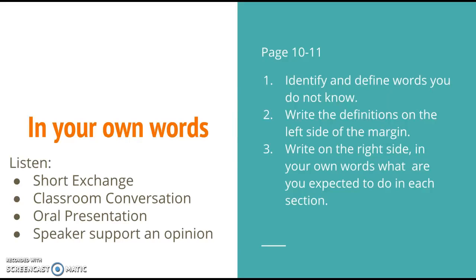For instance, task type, recording, like what are those words, right? So go ahead and circle all of the words you don't know, and then I want you to look up the definitions of these words and write the definitions on the left side of the page. And then on the right side, go ahead and write what those words mean to you.